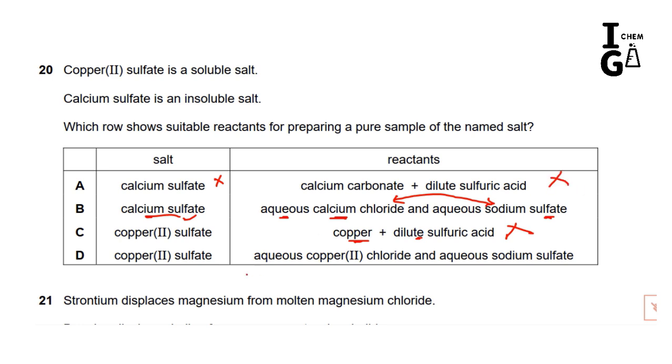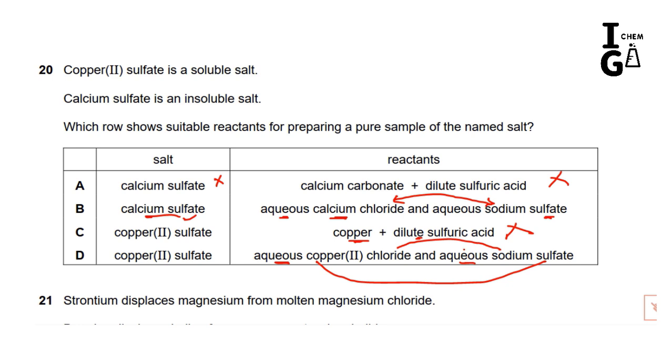Also, if we look at the last one, copper(II) sulfate and aqueous copper(II) chloride, take care, this is aqueous and it's soluble. This is aqueous also and it's soluble. So copper with sulfate, okay, this is a substance here, but it's soluble. Also sodium with chloride is soluble. So actually now we don't have a pure solution.